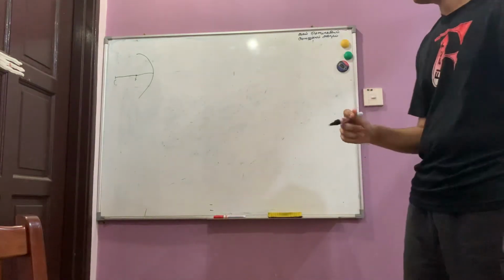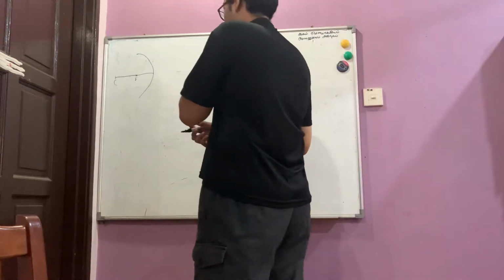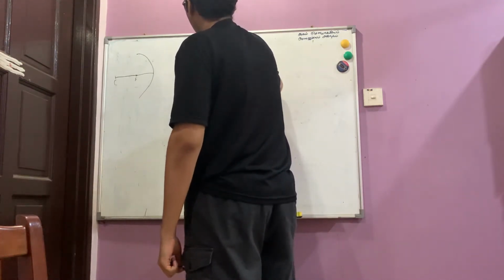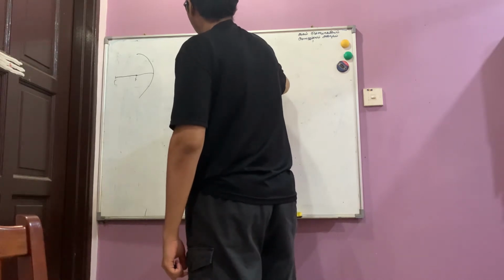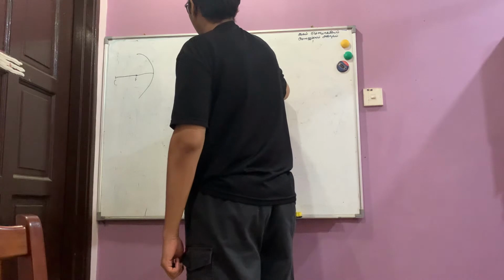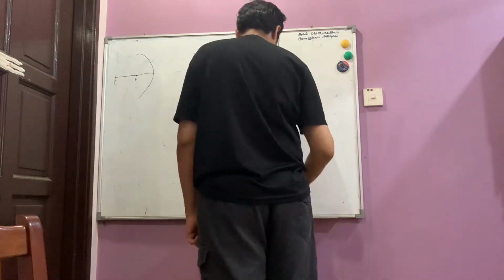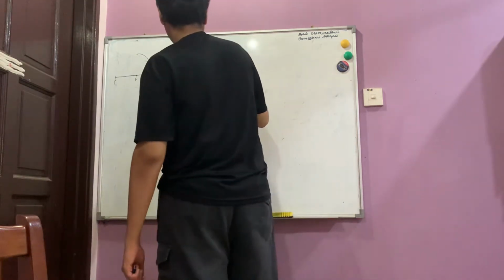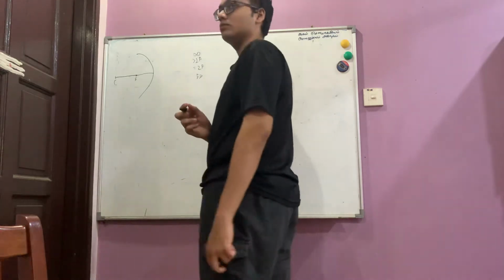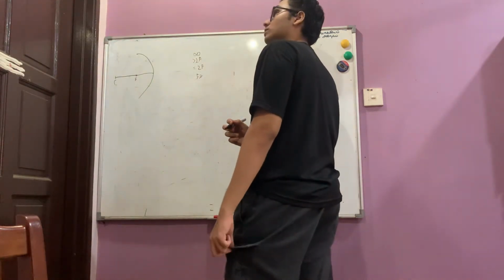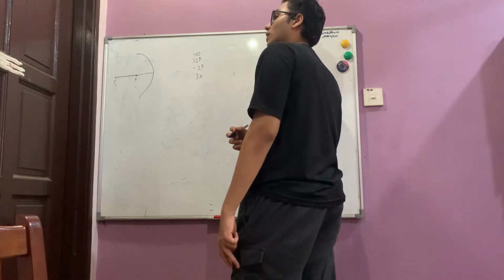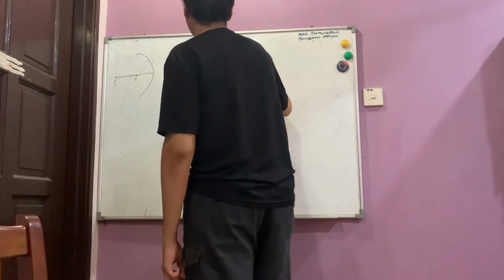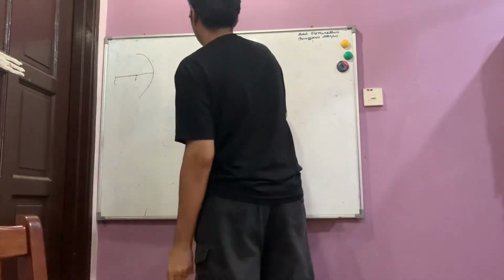So light can come from any type of position. Light can come at infinity, more than 2F, at 2F, between 2F and F, at F, and lower than F. This is distance.